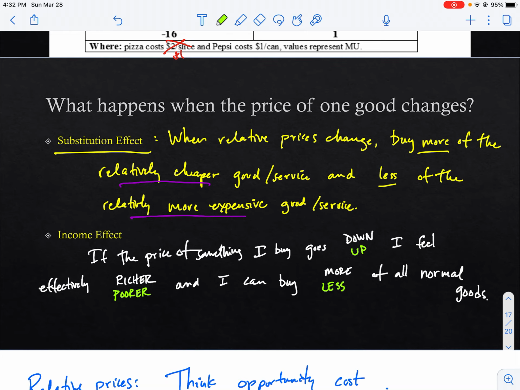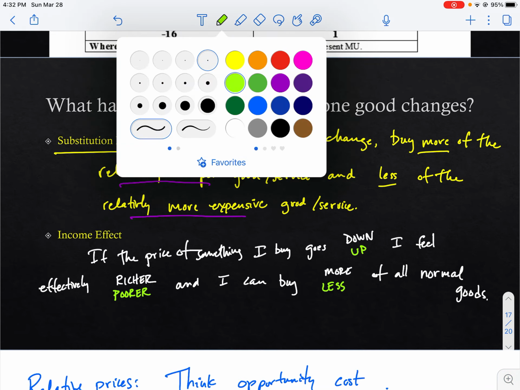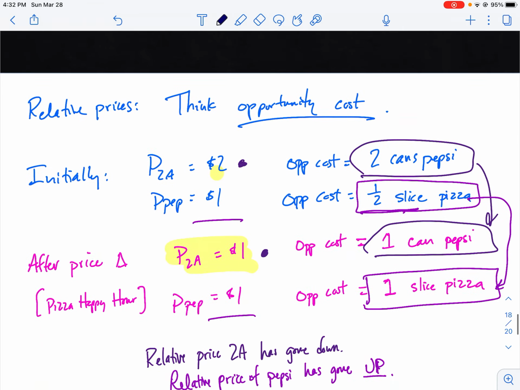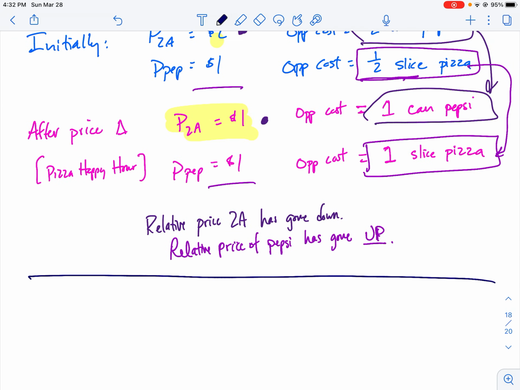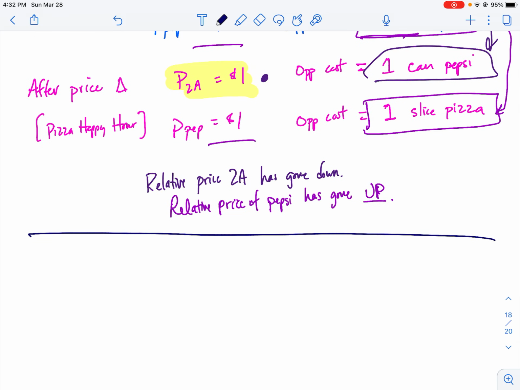So what does that mean in our particular example here? Well, in our example here with pizza and Pepsi, when the price of pizza goes down, we feel effectively richer. When it's Thursday night and we're out at the pizza shop with our friends with $10 in our pocket, if the prices are $1 for pizza and $1 for Pepsi, we feel effectively richer than if the prices are $2 for pizza and $1 for Pepsi, right?